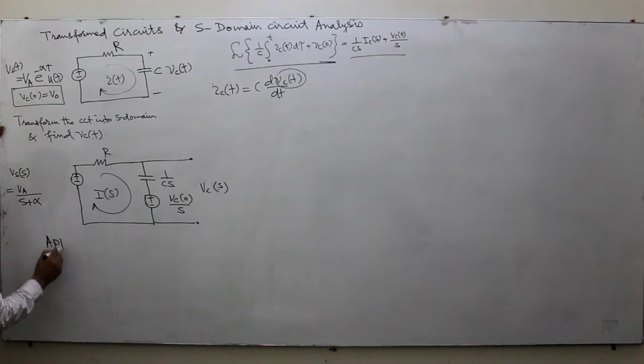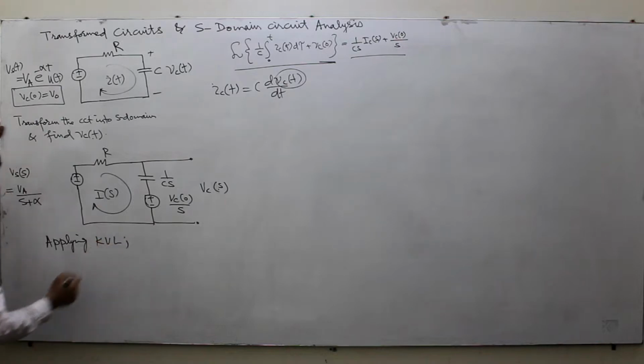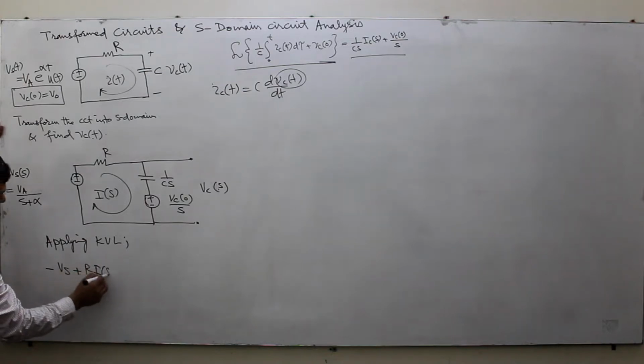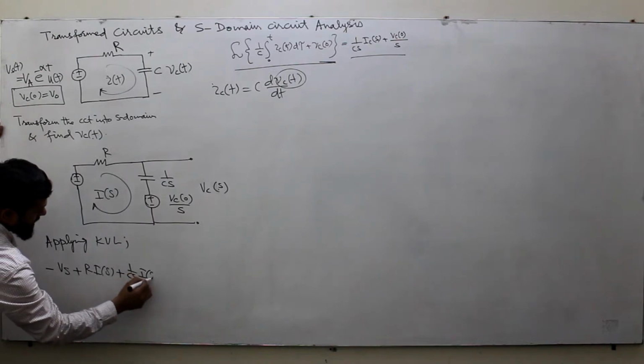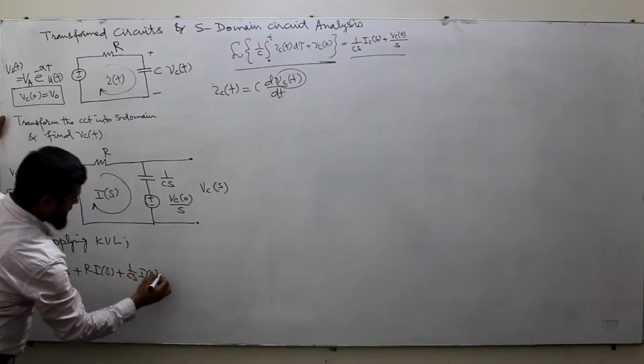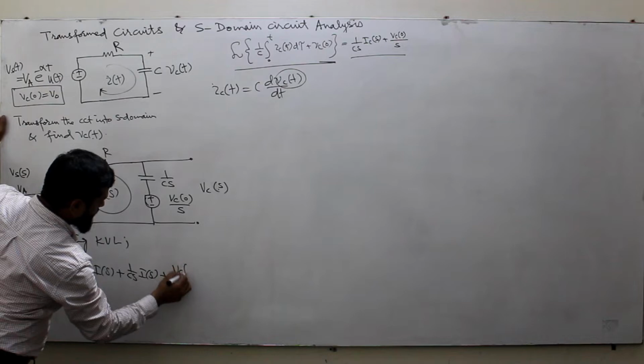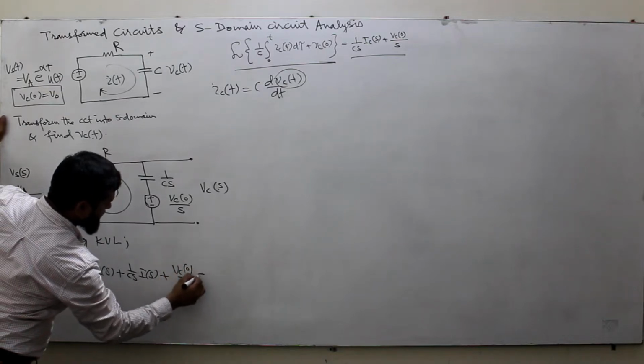Applying KVL, we can get minus V of S plus R into I of S plus 1 over Cs into I of S plus Vc of 0 divided by S is equal to 0.